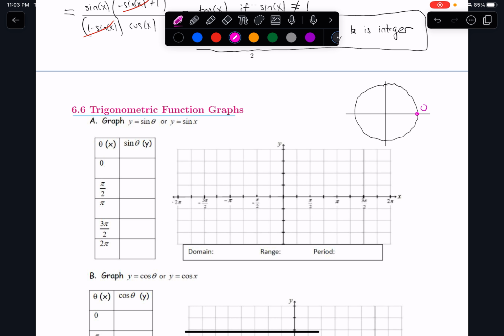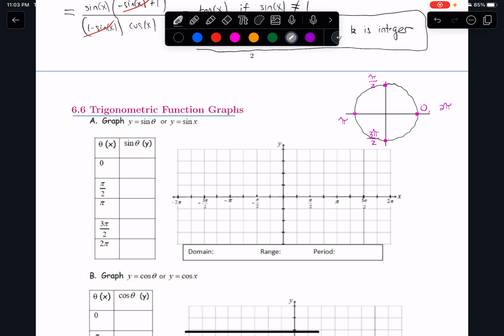Pi over 2, 90 degrees, is up top. Pi, another 90 degrees, is at the 180 degree mark over here. 3 pi over 2 is 270 degrees, down here. And then 2 pi completes a full circle, so 2 pi is at the same spot on the unit circle that 0 is.